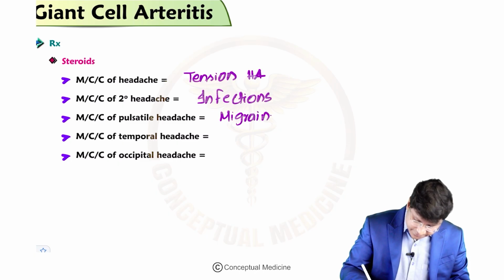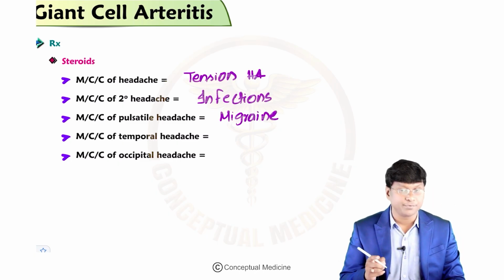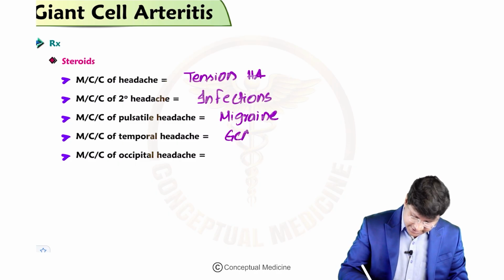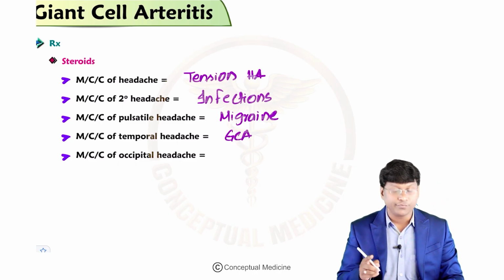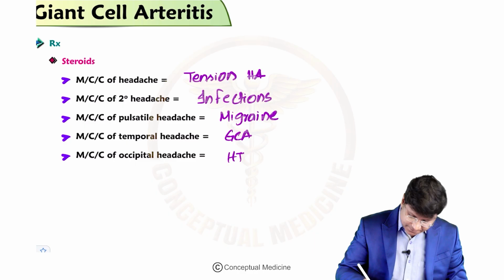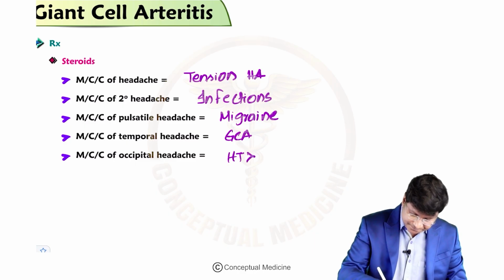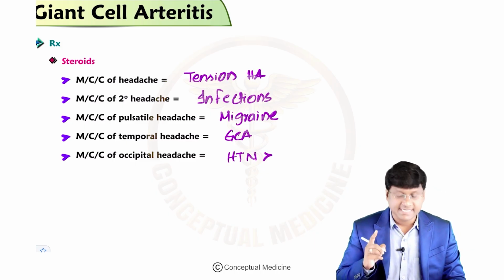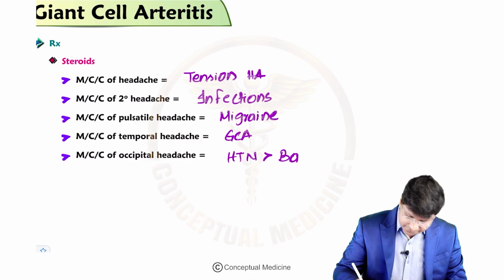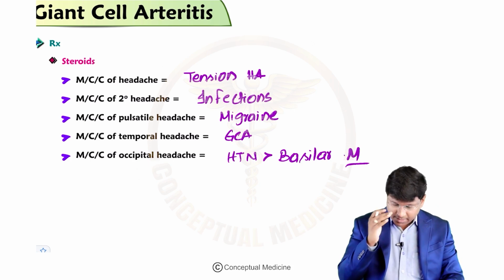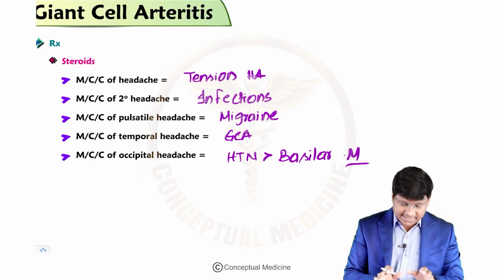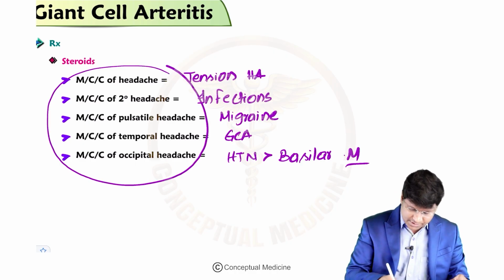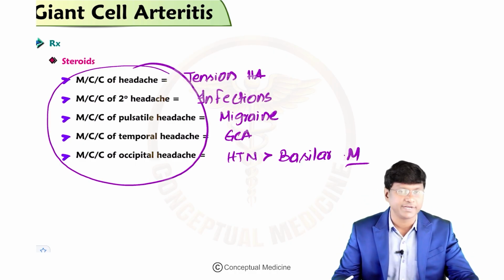Migraine. Most common cause of temporal headache? Giant cell arteritis. Most common cause of occipital headache? Hypertension. Then followed by that, basilar migraine. These are some most common causes for headaches of various varieties.